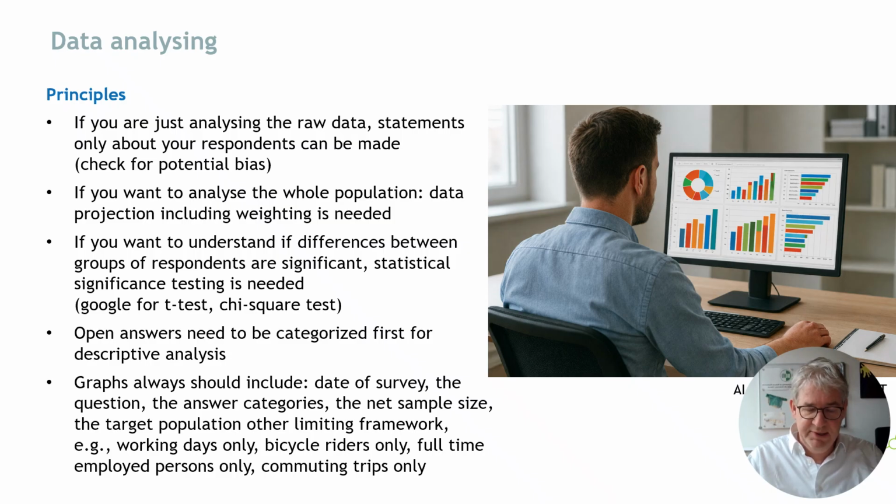The net sample could be different between different questions, because not all questions may be answered by all of your respondents. Think about that. The target population, so who was asked: was it the employees, the citizens, or just the bicycle users, a subgroup, of what you can see on the graph. This should of course be explained in the graph, otherwise other people who are trying to interpret these graphs could be confused.